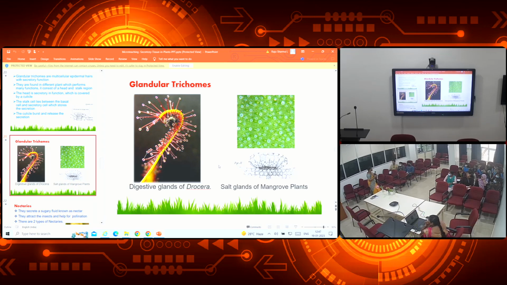Later the insect is digested, and the nitrogen needed for the plant is taken up. So nitrogen-deficient plants have these trichome-like structures.